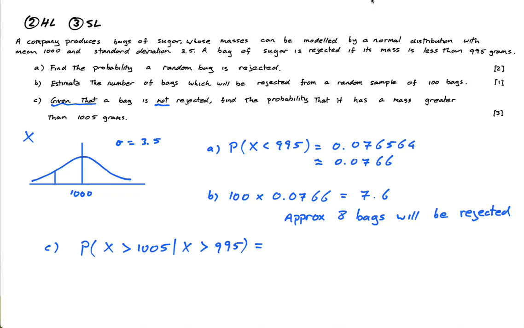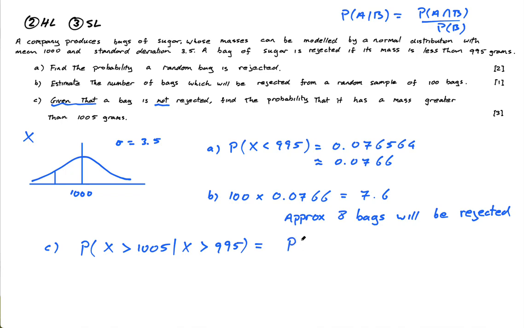Now let me just write here, guys, so we're clear. The probability of A given B is the probability of A and B over the probability of B. So it's the probability of them both happening divided by the probability of the given.